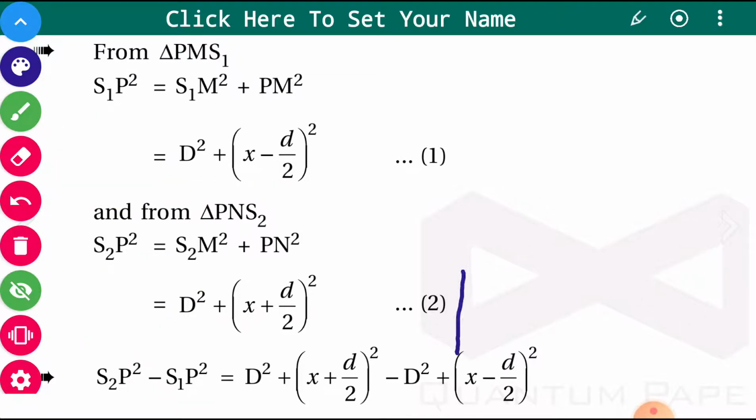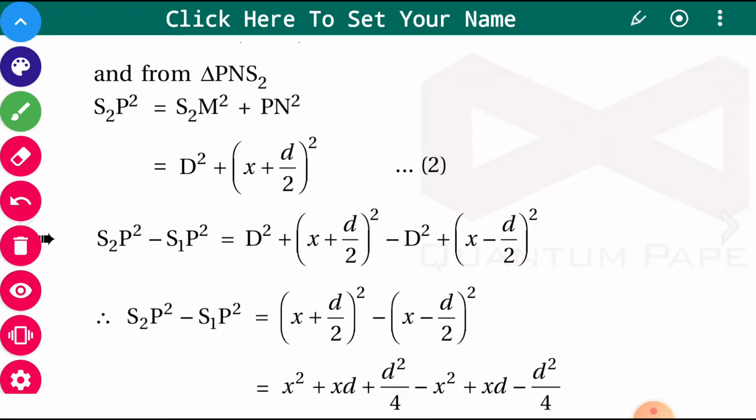So you will get the left hand side subtracted, that is written here: D square plus x plus d the whole square, minus D square, and this must be minus x minus d the whole square.